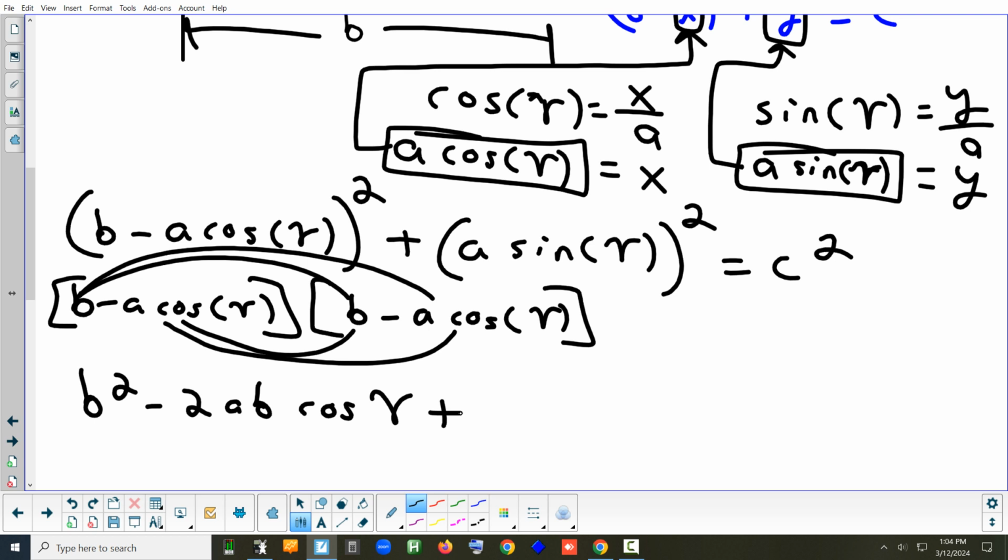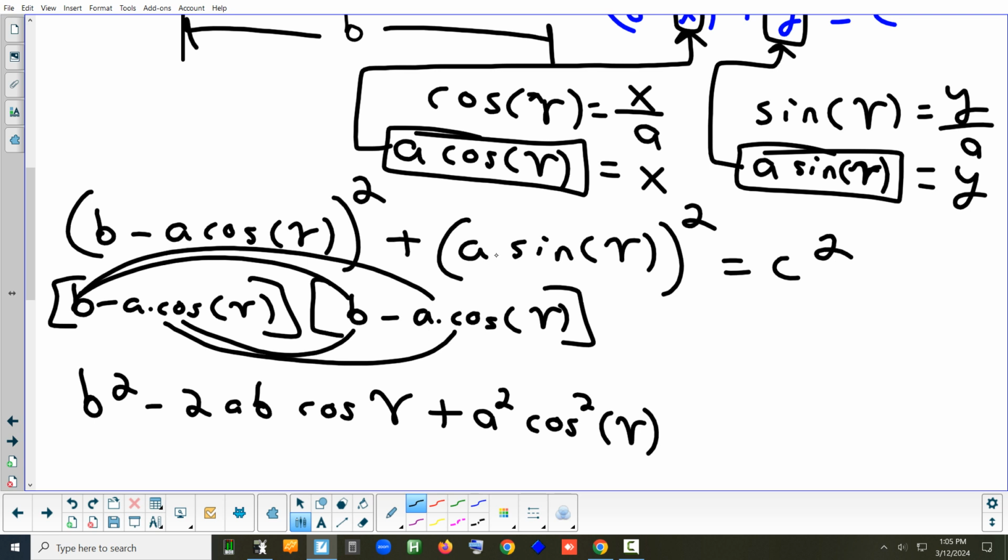Remember, you've got two factors here, so you're really multiplying a times cosine times a times cosine. Plus a squared cosine gamma squared. So that's what you get when you do the first part.